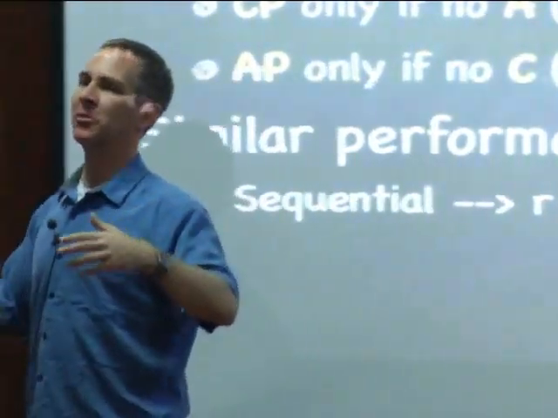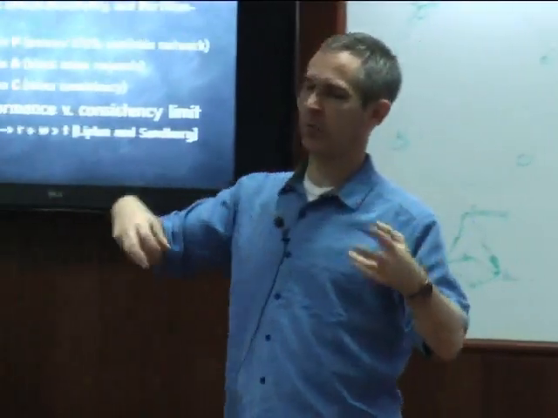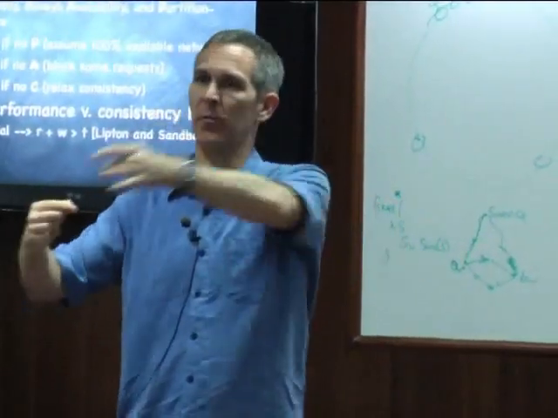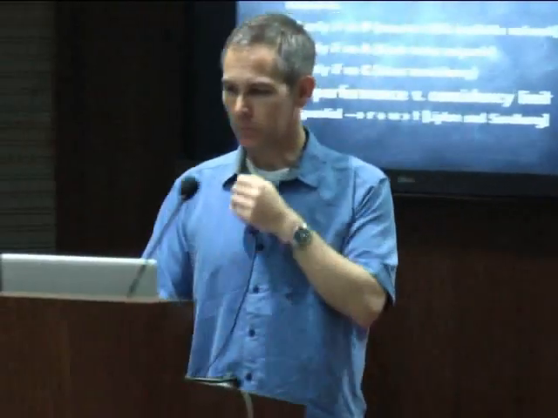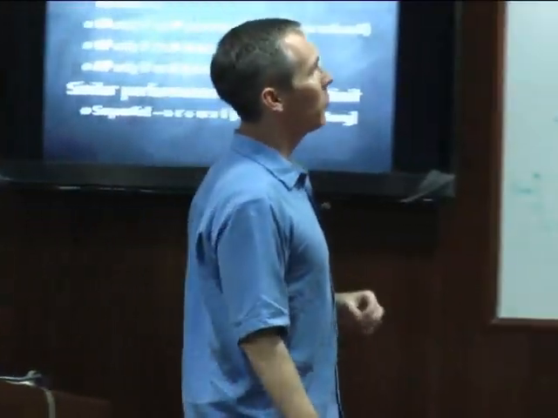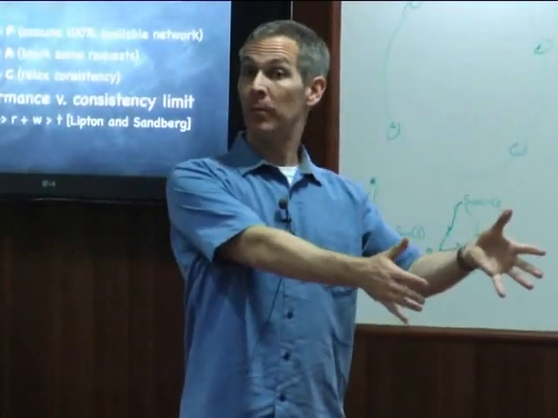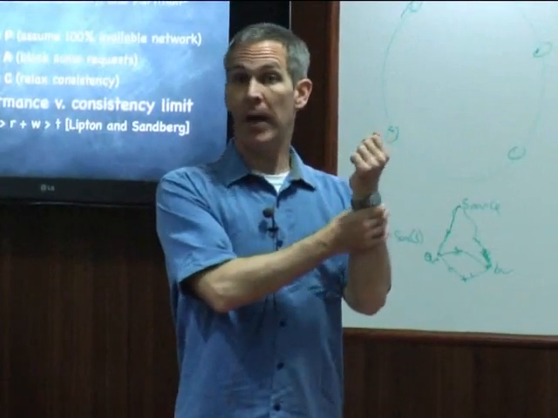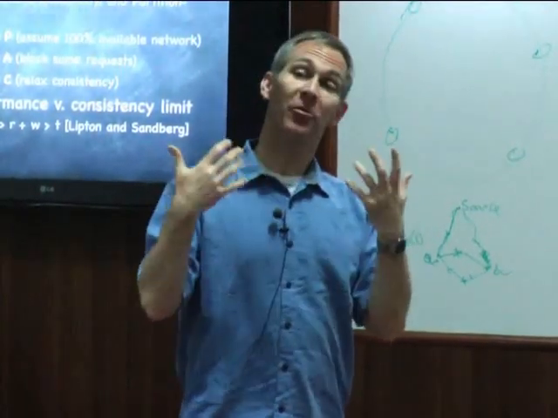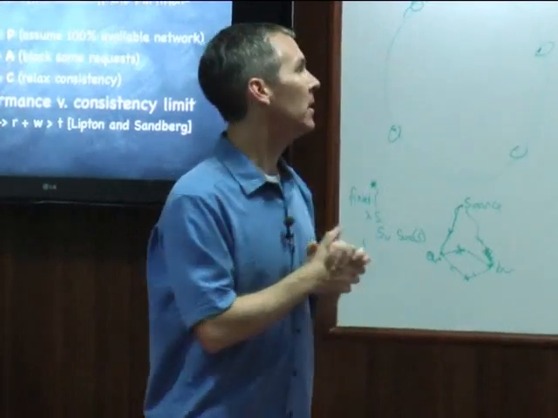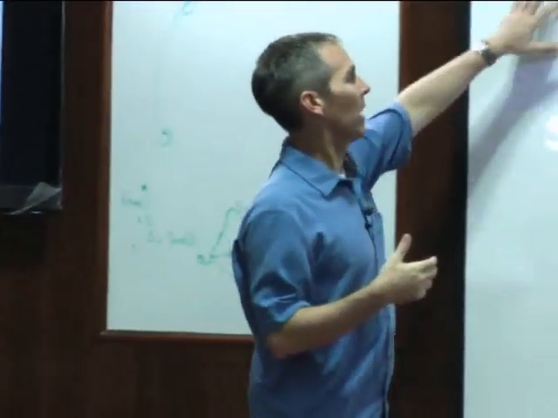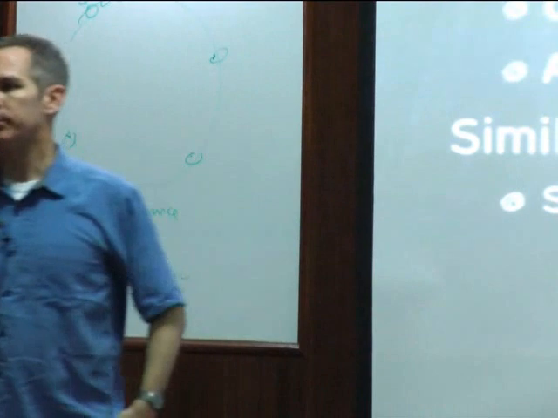And that is for the obvious reason, right? If you want that read to be able to observe that write, somehow the information needs to get across your network. So if we agree from the previous discussion that linearizability is what we want, we're going to have to give something up on one of these fronts.